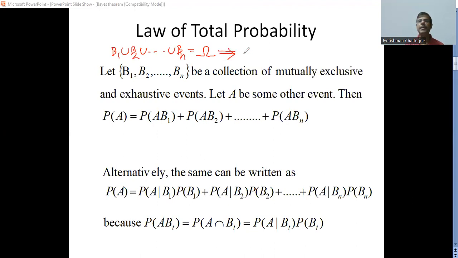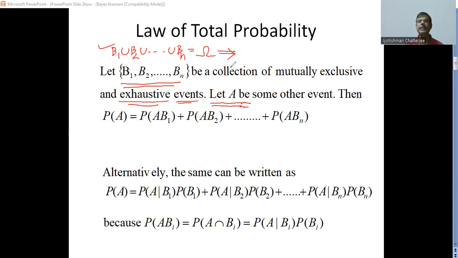If you intersect by A, by the way, what's A? A is any other event. I should have mentioned that earlier, but it's written over here. A is any other event. B1 to Bn is a collection of mutually exclusive and exhaustive events, and A is any other event.